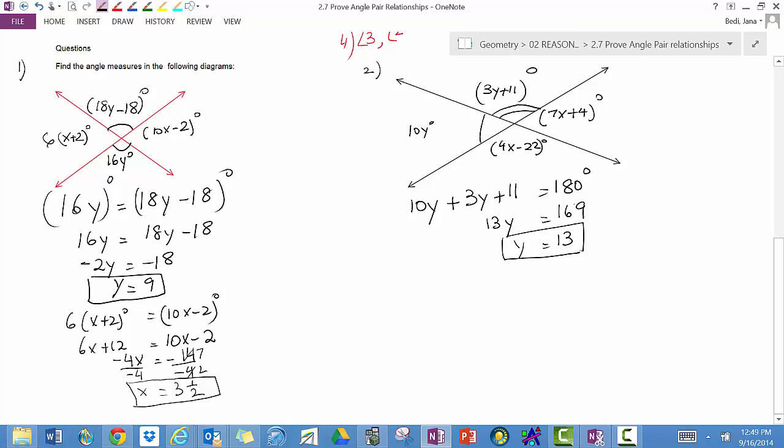I have two ways to go from here. I could actually set up another equation with x, or what I could do is substitute for y in here, and that gives me 3y plus 11, 39 plus 11. So this angle measure is 50.